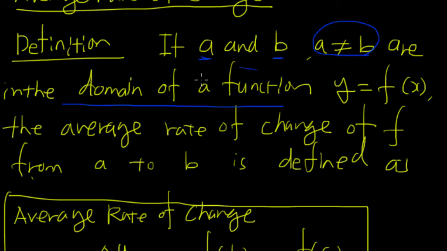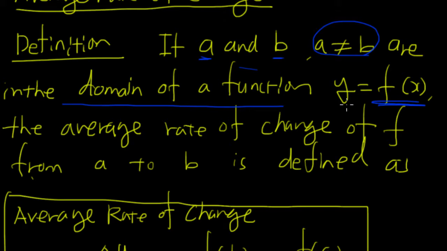What's x? Input value, right? So in a function, of course, a and b are input values. That's what they mean by in the domain of the function. And they cannot be the same value.